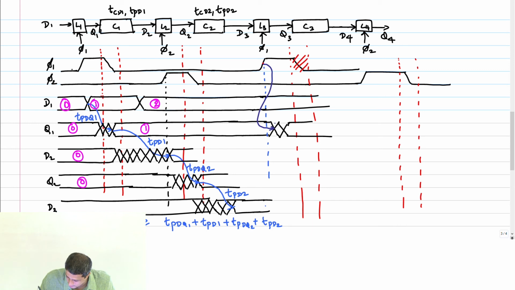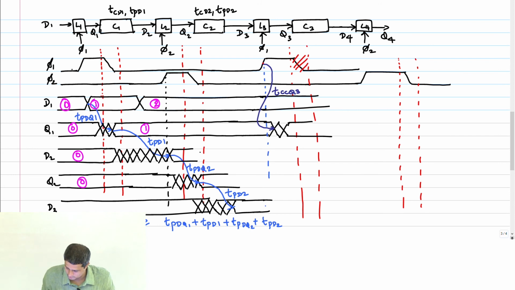This delay is the T C C Q of the latch. Q1 changes, sorry, Q1 has changed. So now D2 will change after the contamination delay.